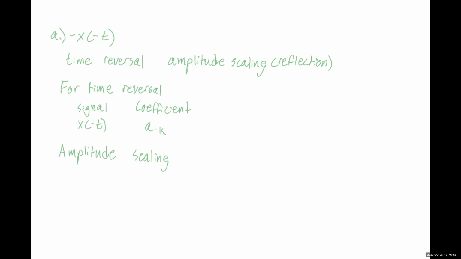So we can take the linearity property and see that a x of t plus b y of t gives you a of k plus b of k. So we can infer from that, if we just remove the additivity, and we have this signal a x of t, we're going to get the coefficient negative a of k.